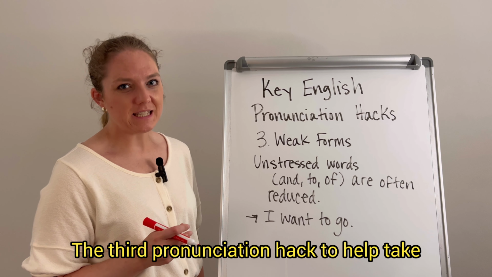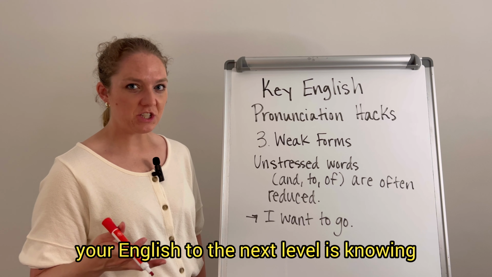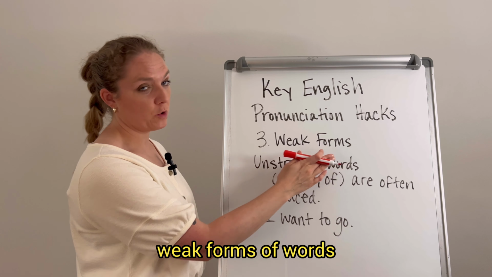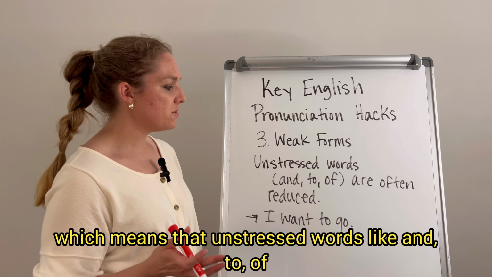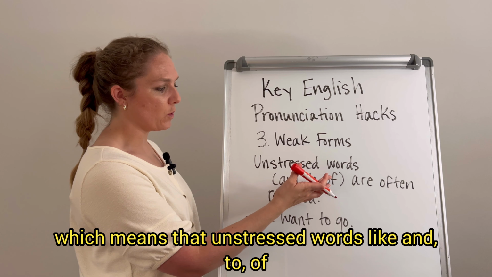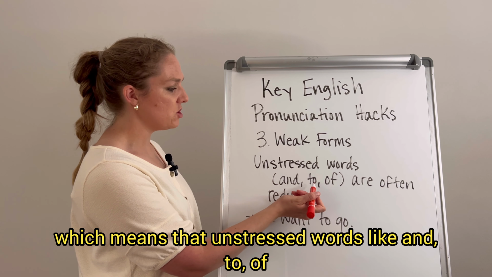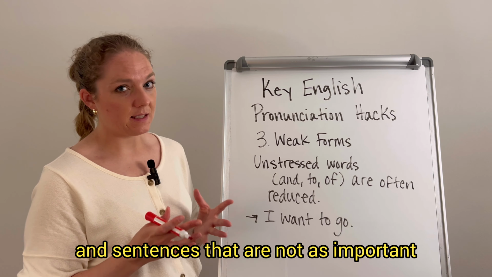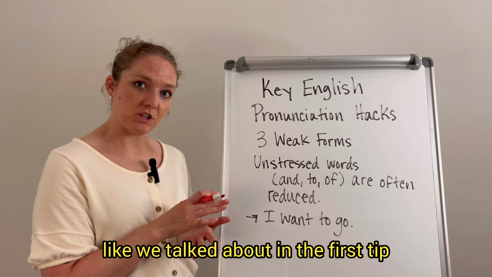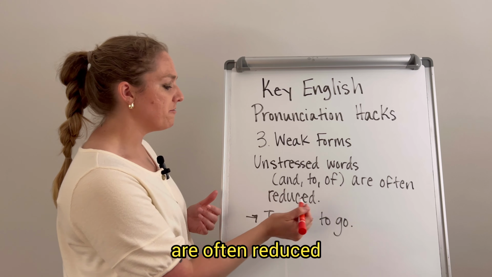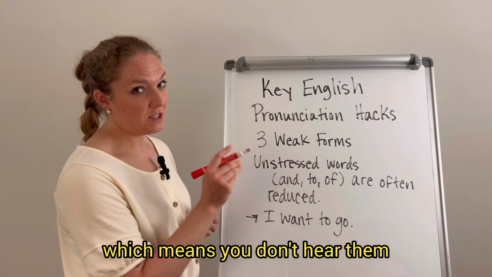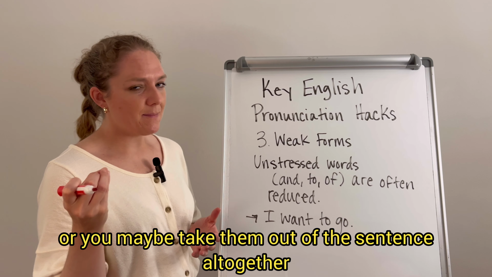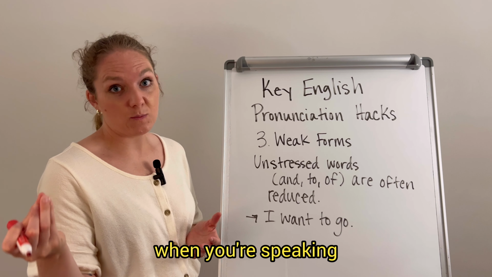The third pronunciation hack to help take your English to the next level is knowing weak forms of words, which means that unstressed words like "and," "to," "of," those smaller words in sentences that are not as important, like we talked about in the first tip, are often reduced, which means you don't hear them, or you maybe take them out of the sentence altogether when you're speaking.